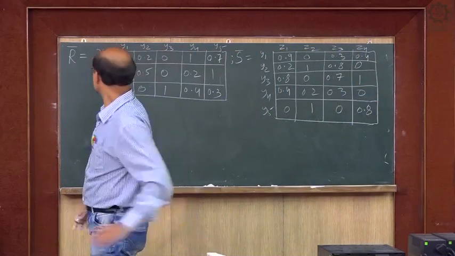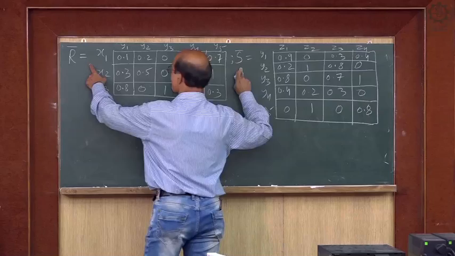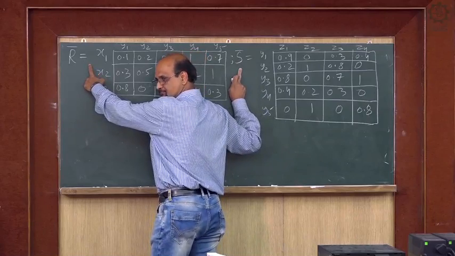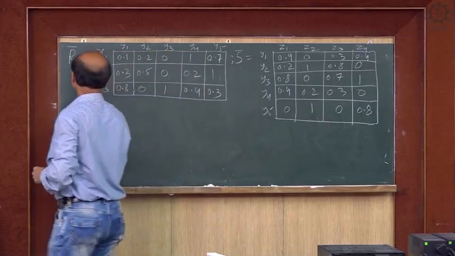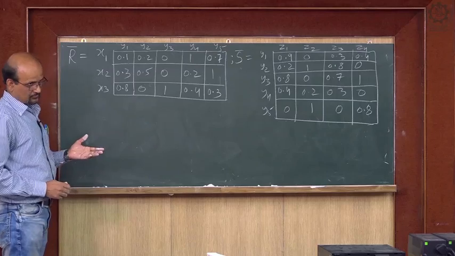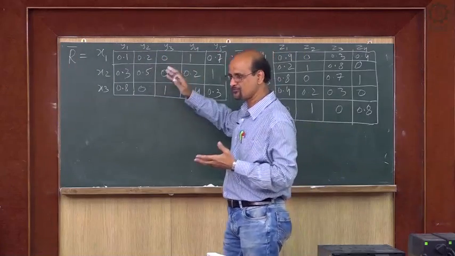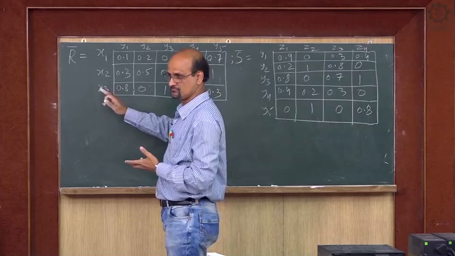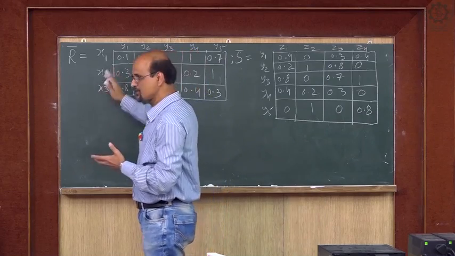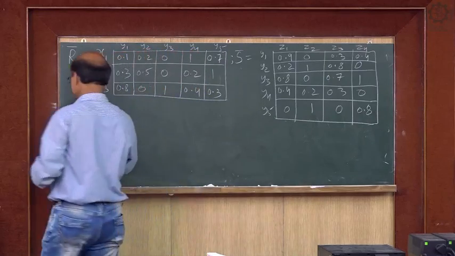Okay? I want to find R max-min S. So, see, what is the procedure? I have to take first the minimum. Minimum, let me write, then I will explain.